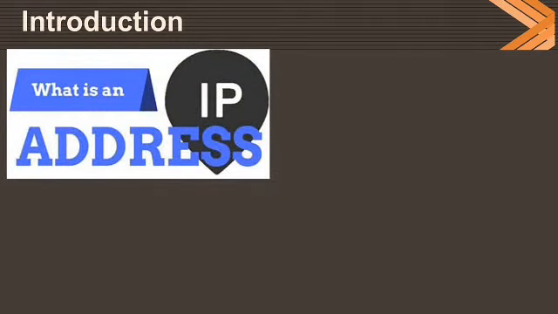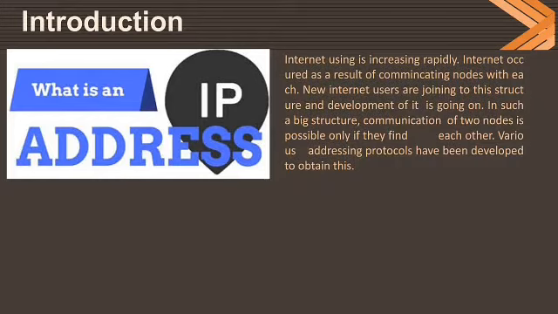Let me explain in the introduction. Internet usage is increasing rapidly. The Internet occurred as a result of communicating nodes, with each new Internet user joining the structure, and its development is going on. It is such a big structure.